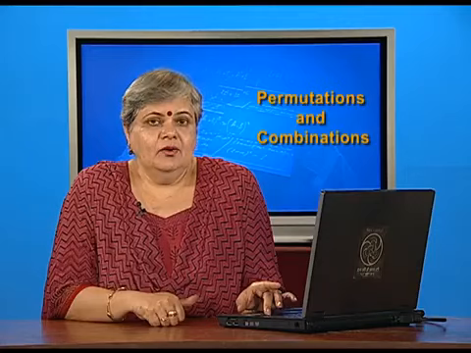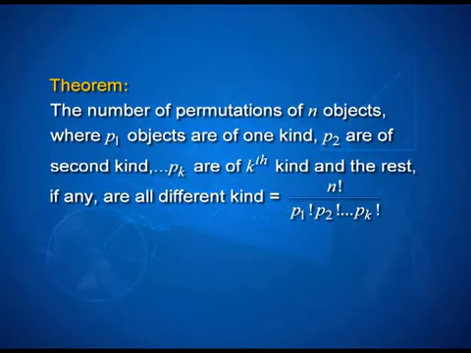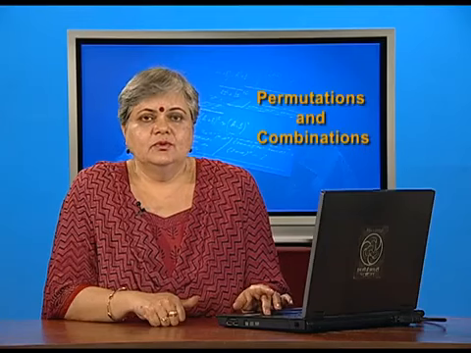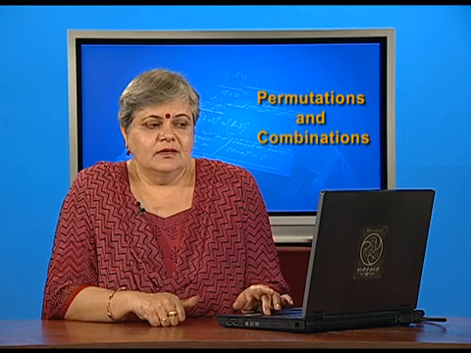Whereas, if there are n objects and there are p1 objects of one kind, p2 are of a second kind, and so on up to pk of the kth kind, and the rest, if any, are all different kinds, then the number of permutations turns out to be n factorial divided by p1 factorial into p2 factorial up to pk factorial. Now, what does this result mean and why do I need to follow a different result?